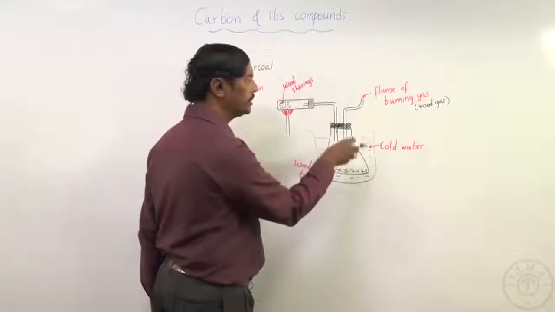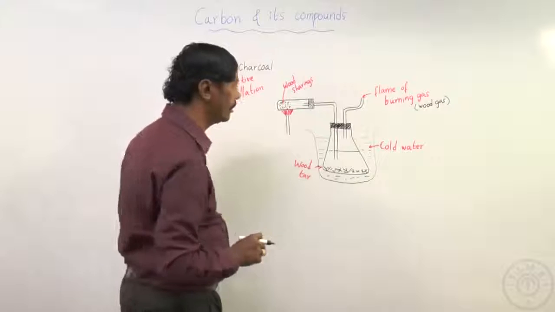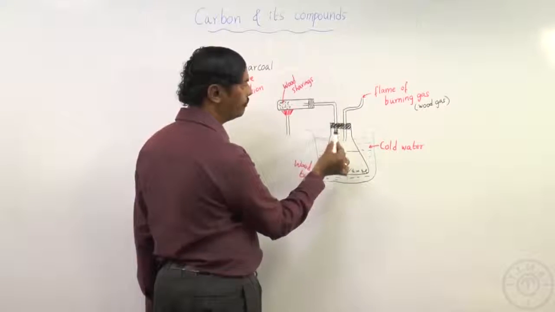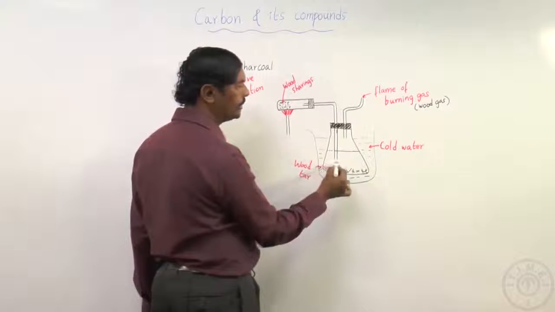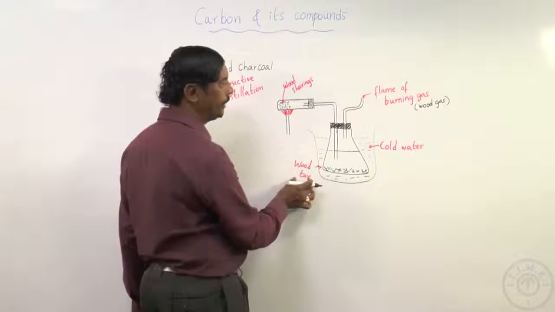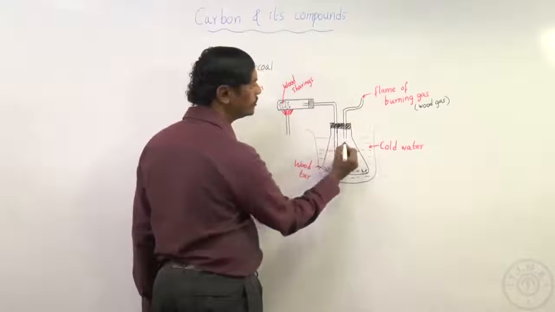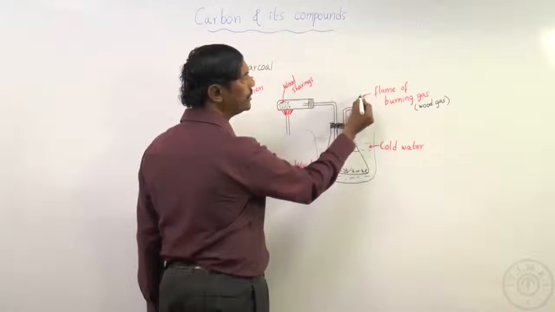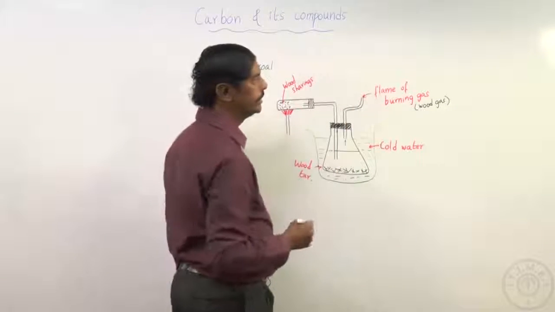This entire conical flask is placed in the beaker containing cold water, and whatever fumes have gone into it will condense here to give wood tar, charcoal and so on. And suppose we light a matchstick at the gaseous form that comes out, it will burn the gas.